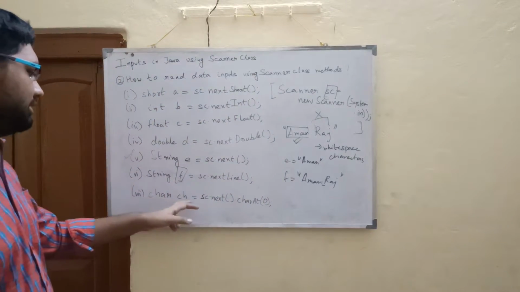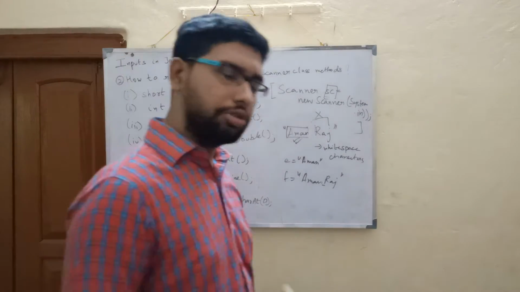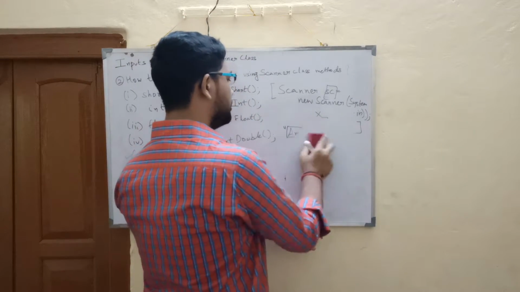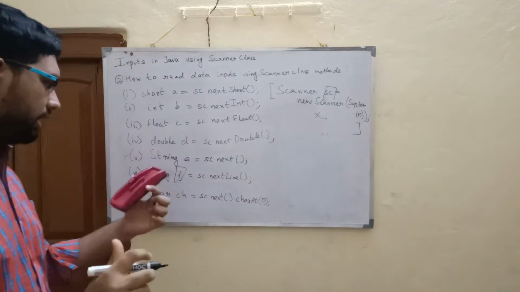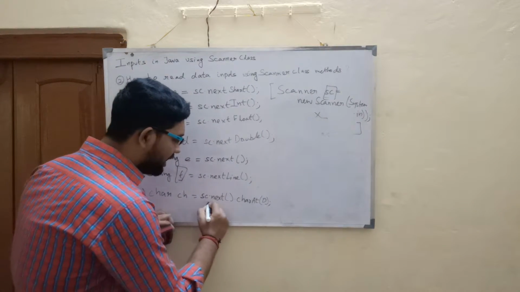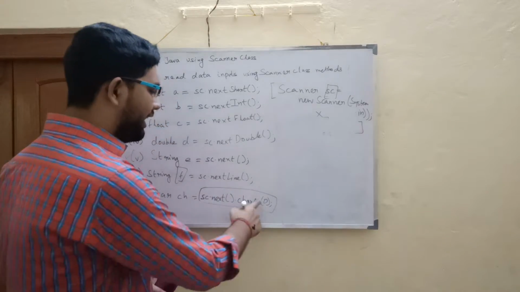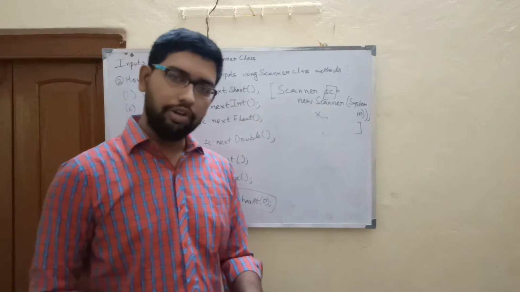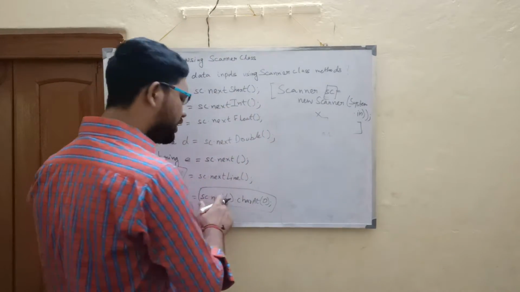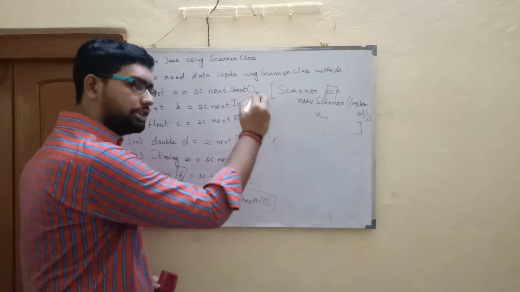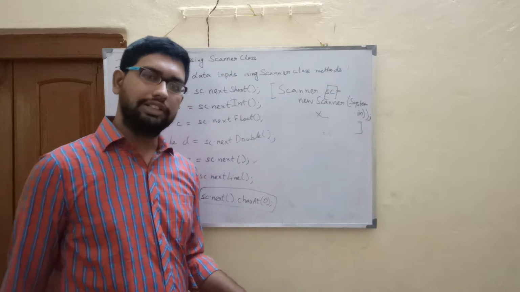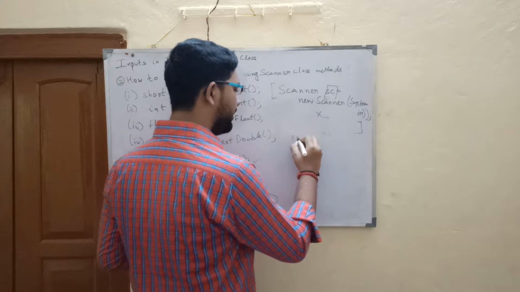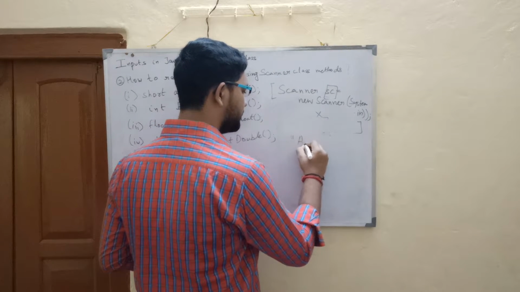Then the last line, sc.next().charAt(0). Let me show you the use of this. We have to understand this line; it is a very crucial line, and charAt is a string function which you will learn in class 10. sc.next you have already understood how to use. Suppose someone wants to enter a name, suppose Arya.